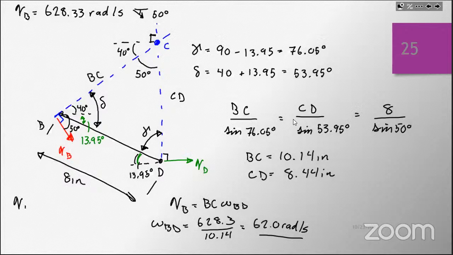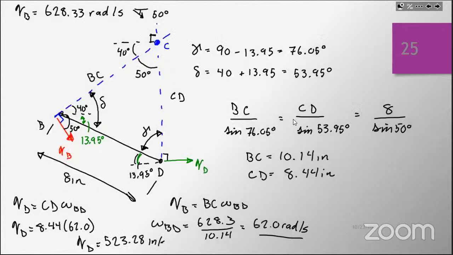Can we do the same thing for VD? Sure. So this time I know what omega is, right? So this just becomes a direct solve. And this is roughly what we got last time too, right?